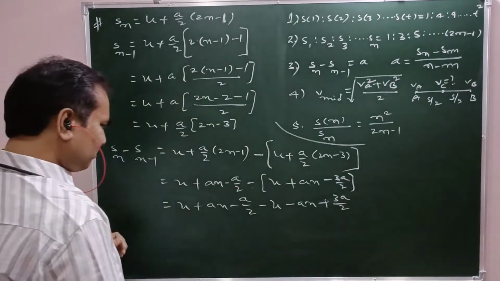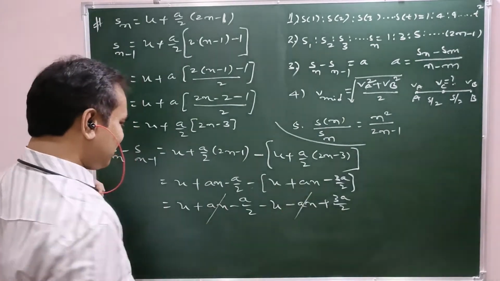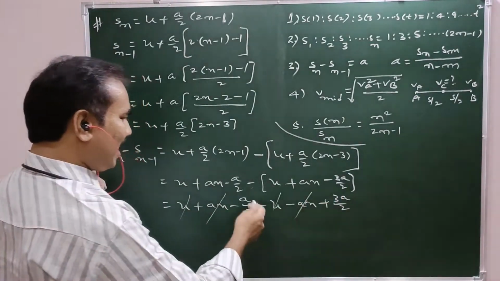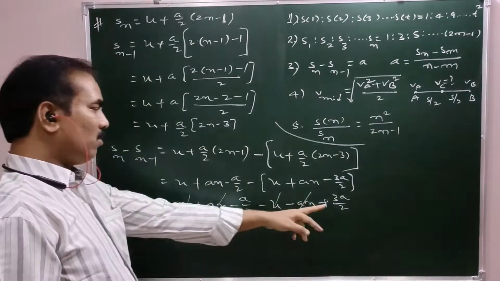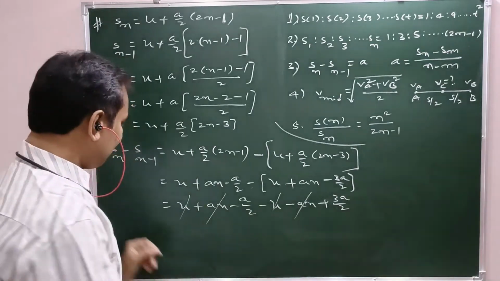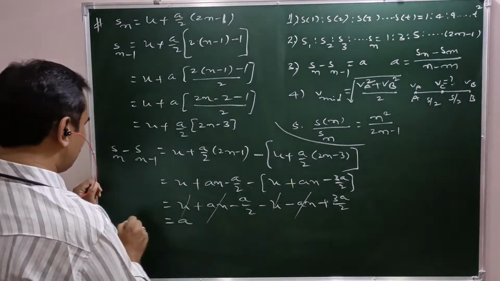The an and u cancel, left with 3a by 2 minus a by 2, that is 2a by 2, that is equal to a.